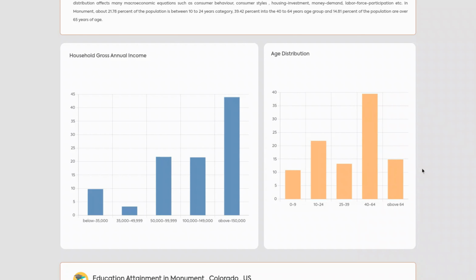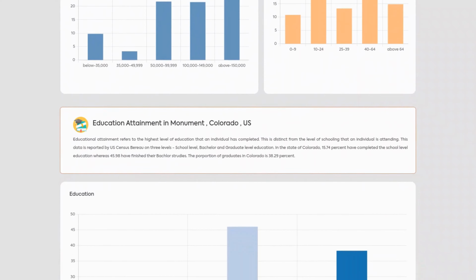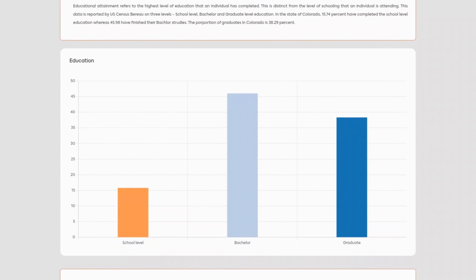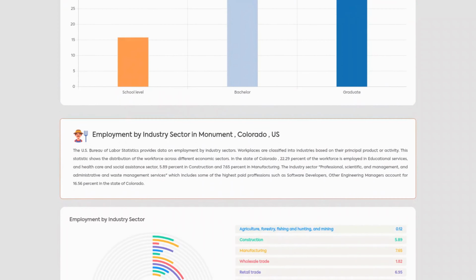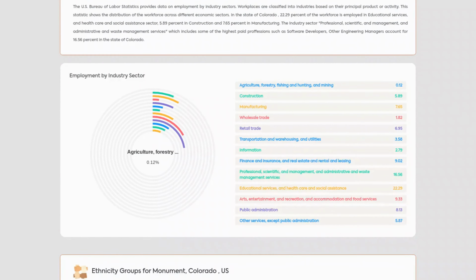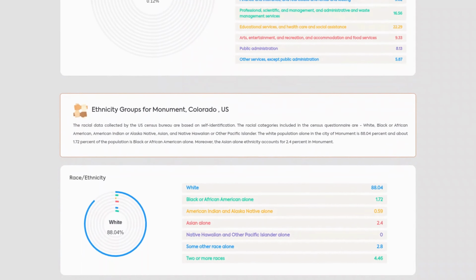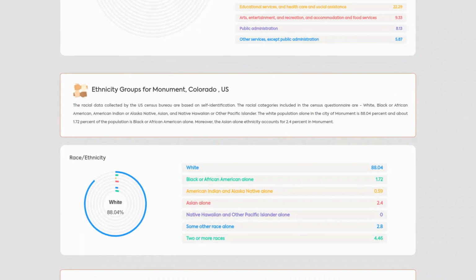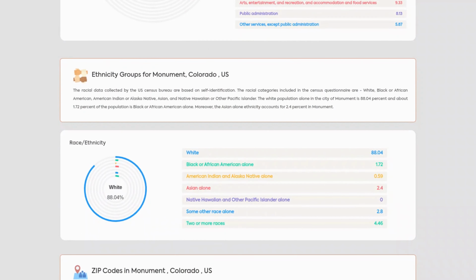It also shows that 21% are above $100,000. And then here's the age breakdown showing that most people that live there are between 40 and 64. So this would be all good information to have if I was looking at targeting my next local SEO or paid campaign.